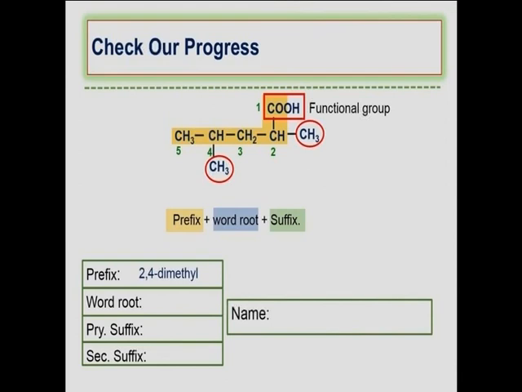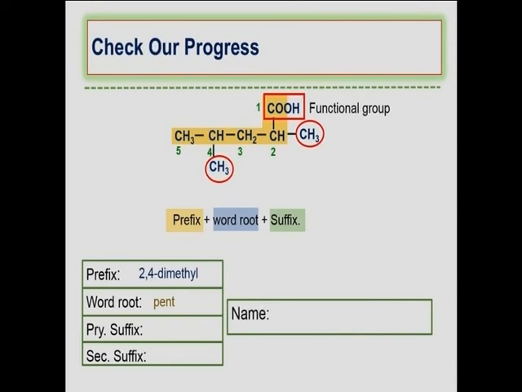And word root means how many carbon atoms are there in the parent chain. How many carbon atoms are there? So we have 5 carbon atoms in the parent chain. So 5 means it will be pent. If it is 6, it is going to be hex. But for now it is 5, so we have to take the word root as pent.